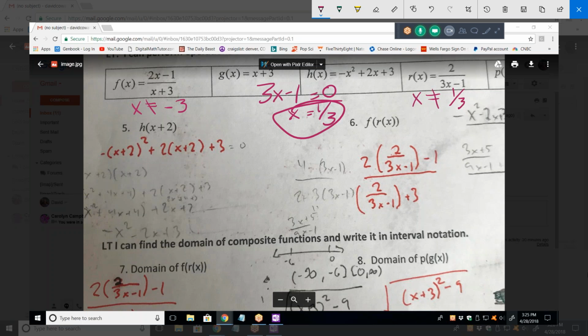That's the solution as to what x cannot be equal to. Okay? So, based just on the f of x function and the r of x function, we know x can never be these two things. Now, we also need to look at the composite function and see if any other domains pop up. Well, f of r of x means this.